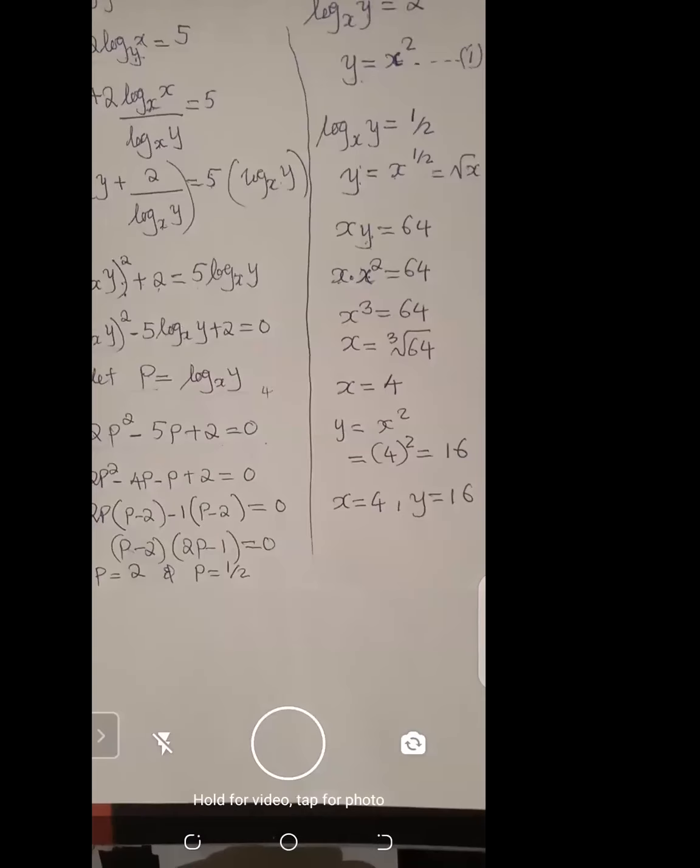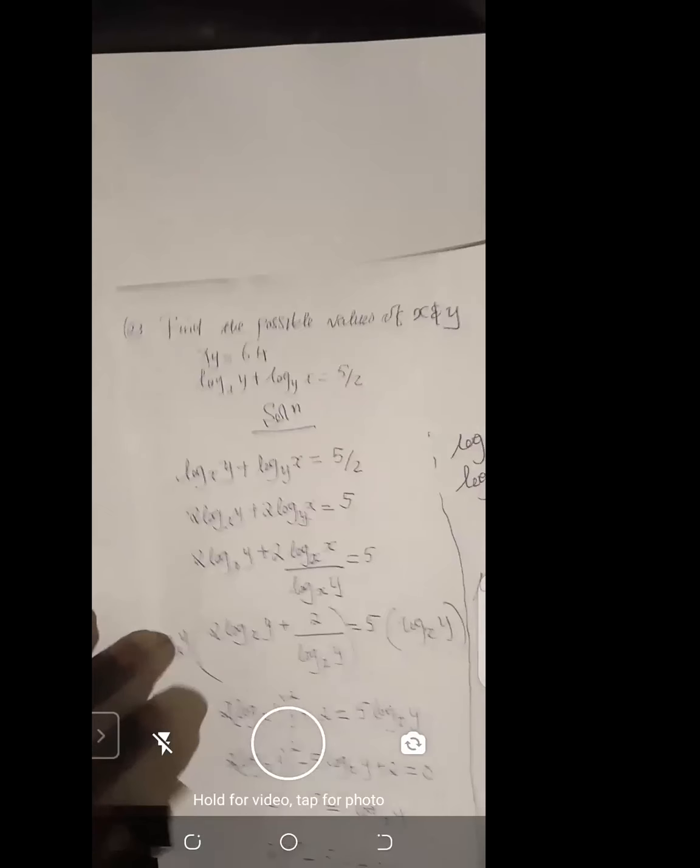And the other expression, you can obtain it from xy is equal to 64. And from the other expression, you observed that y is equal to the root of x.